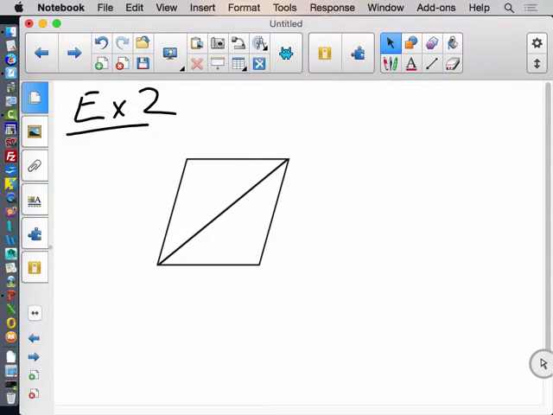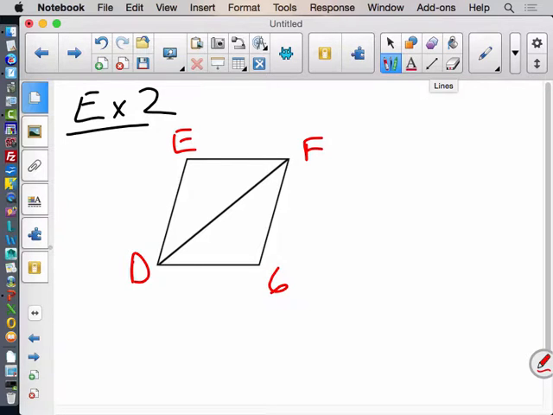We'll call this D, E, F, and G. And they don't even tell us it's a parallelogram. We kind of think that it is. Okay, but let's see what they tell us.